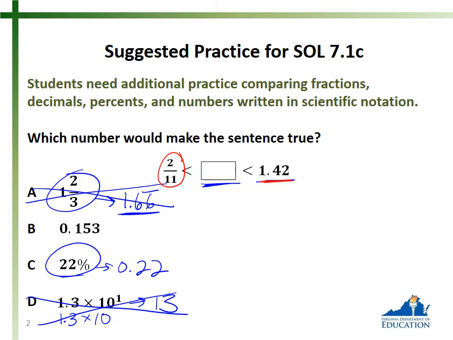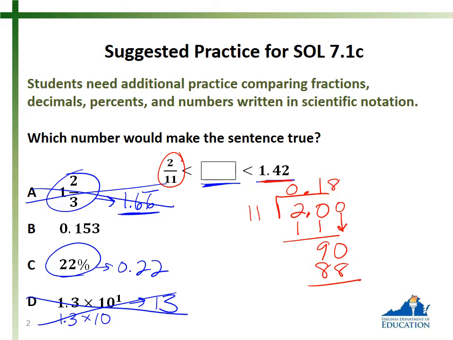In order to figure out 2/11ths as a decimal, we can go ahead and do some long division here. So I can say 2 divided by 11, and if I add my decimal point and my 0, 11 goes into 20 one time with a remainder of 9, and then I add a 0 and I bring it down. 11 goes into 90 8 times, so I have a remainder of 88, and I bring a 0 down.